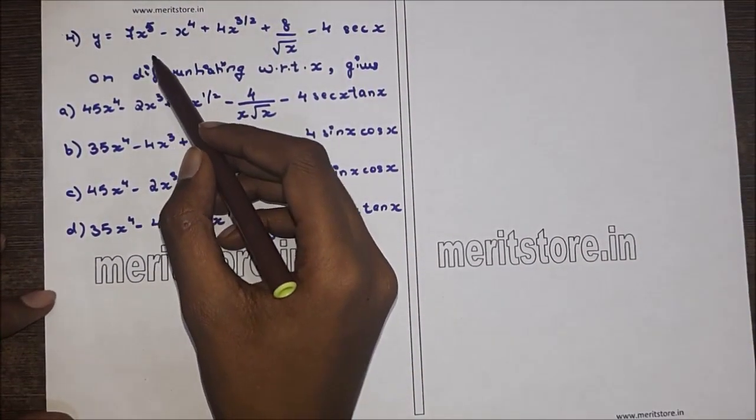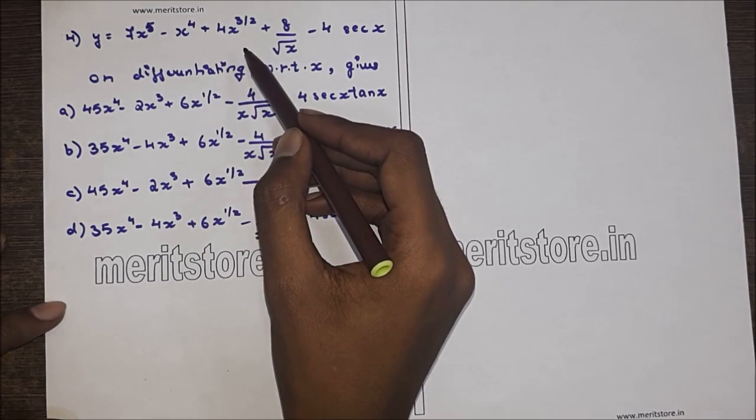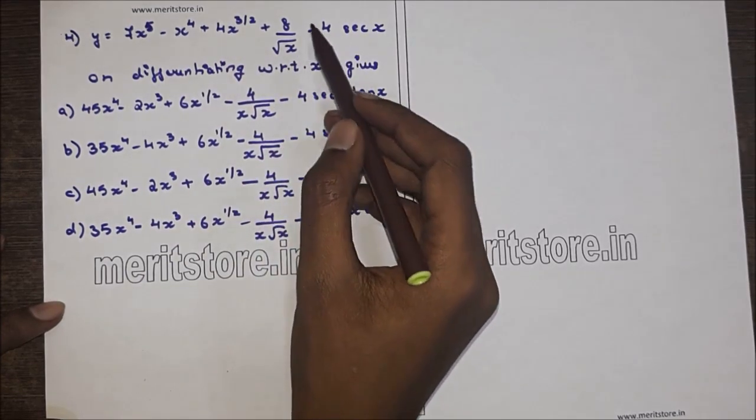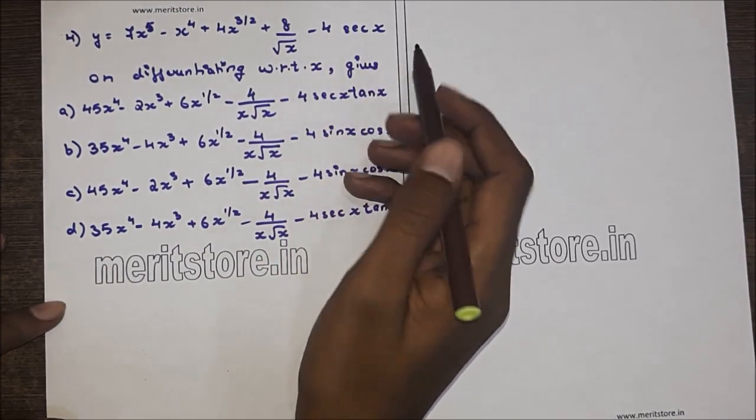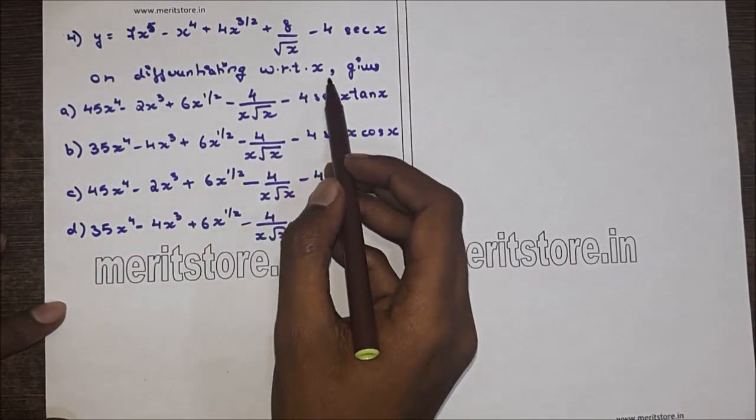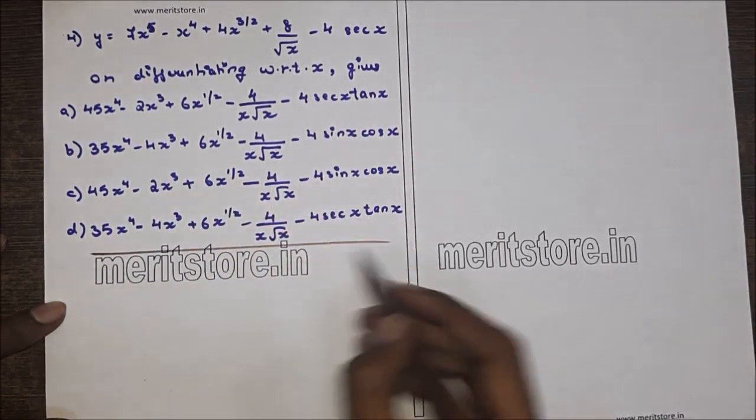y is equal to 7x raised to 5 minus x raised to 4 plus 4 times x raised to 3 by 2 plus 8 by root x minus 4 sec x. We have to differentiate it with respect to x, and these are the options.